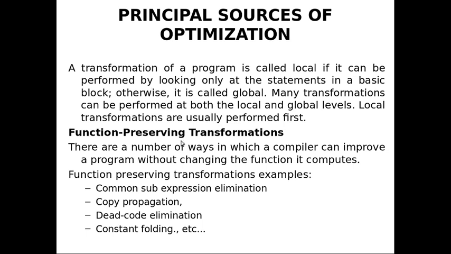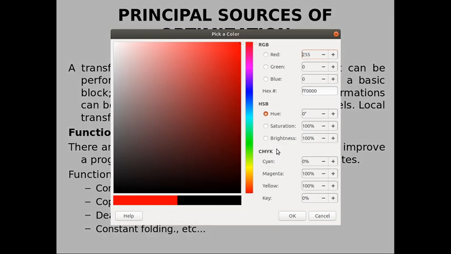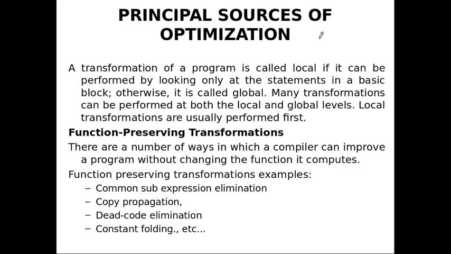When we are applying this principal source of optimization or function preserving transformation, first apply this method for the local block, or local optimization. Now observe. It is block 1 and it may be block 2, and there is a flow from block 1 to block 2, that is the flow graph.